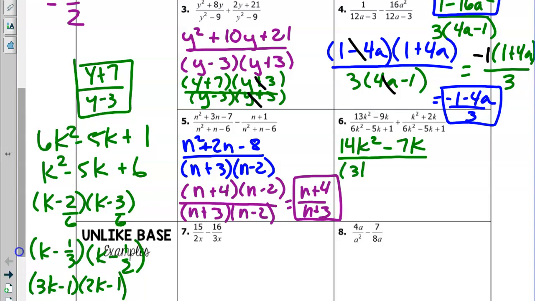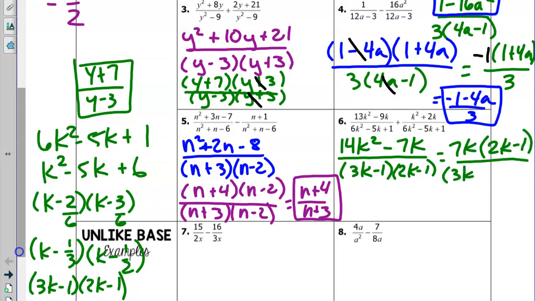So we have 3k minus 1, 2k minus 1. What would I do to the top of this? Take out a 7. Very good. A 7 and what do you have left? 2k minus 1. Perfect.